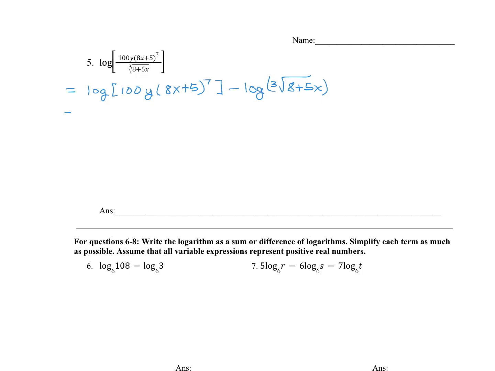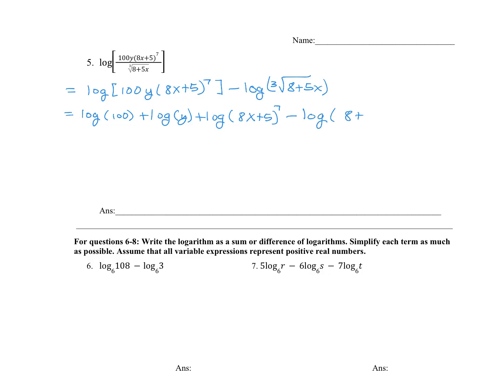Next thing to do is break apart this logarithm further. So we've got those 3 multiplications. We've got log of 100 plus the log of y plus the log of (8x plus 5) to the 7th. And then back here, I'm going to rewrite that cube root using a fraction exponent.